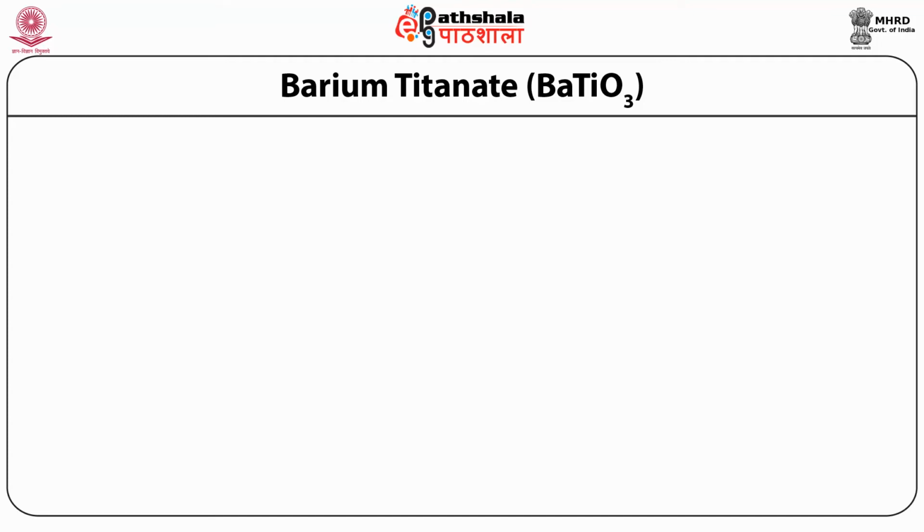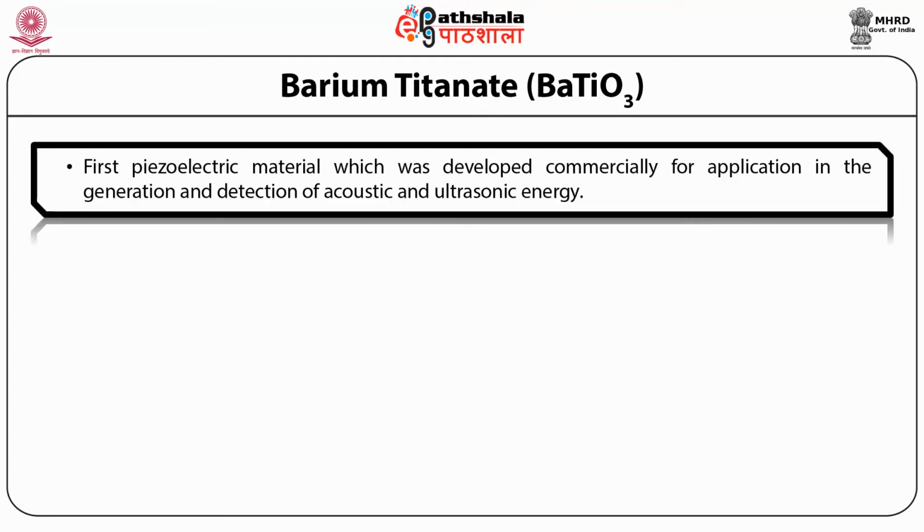So the first material is barium titanate, that is BaTiO3. This was the first piezoelectric material which was developed commercially for applications in the generation and detection of acoustic and ultrasonic energy. We discussed its structure and transition in the previous section, and the transition temperature can be modified by chemical substitutions.